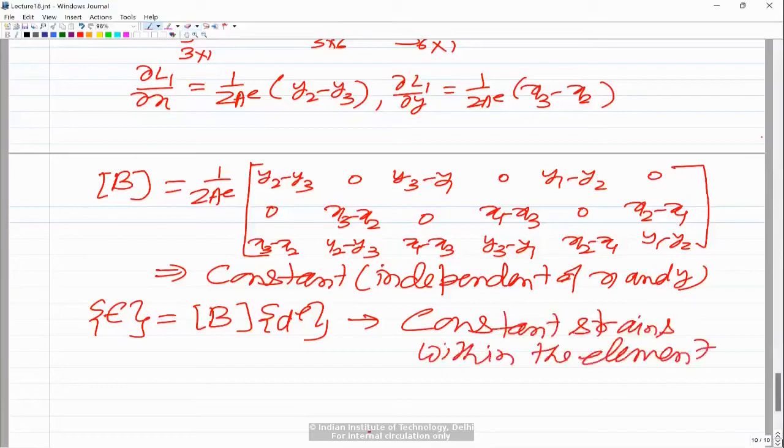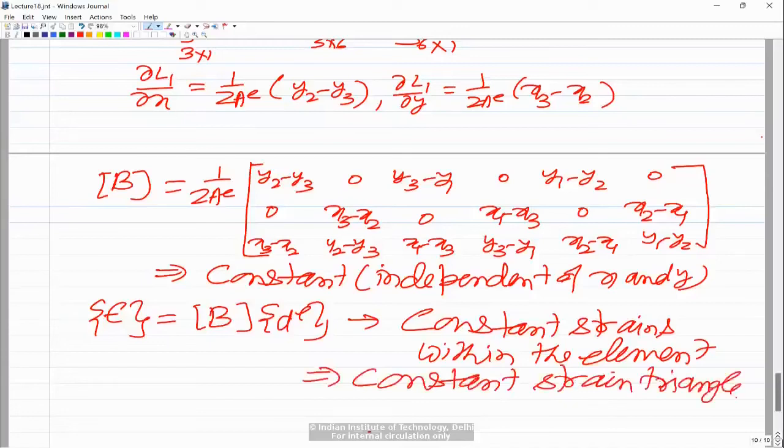Therefore this element is also known as the constant strain triangle, abbreviated as CST.